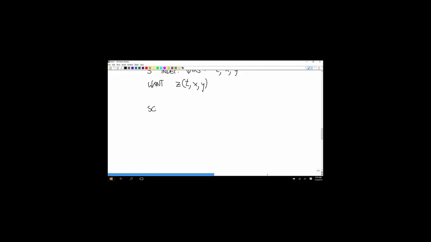Okay, so separation of variables. And even this gets a little confusing because there's a partial differential equation technique called separation of variables that's unrelated to this.